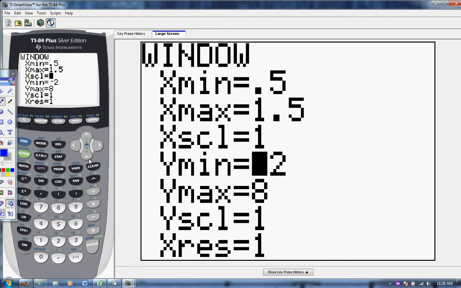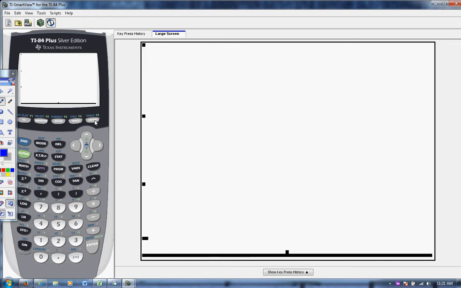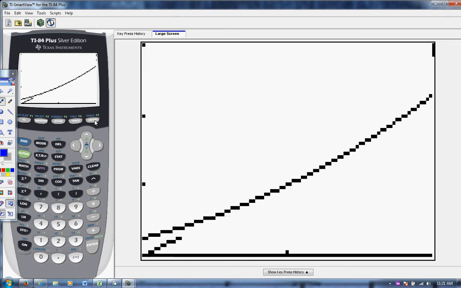And let's make my y minimum 0 to 4. We'll just go to 3. That should be enough. Watch what happens. There's the x squared function, and there's the tangent line. When I zoom in like that, don't they start looking like the same line?